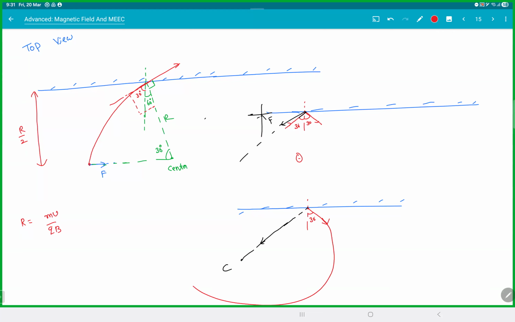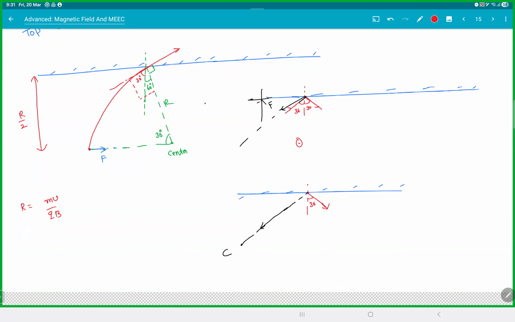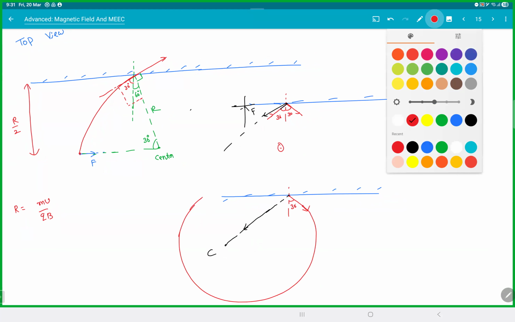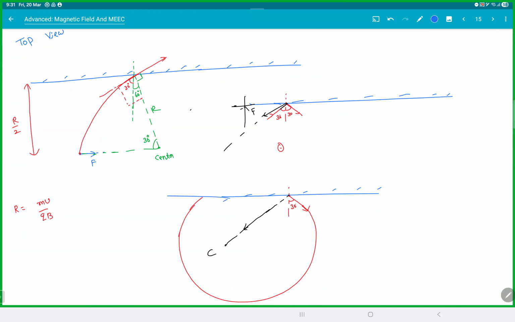When you complete a circle and when you hit again here, again drop a perpendicular here. Whew. So that whole thing must be 90. So this will be 60. This will be 60. So this will be 120. So that means you are covering an angle of 240. Therefore, time will be 2/3 of the time period.